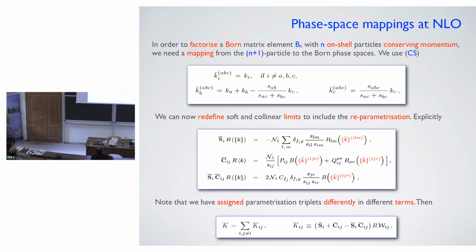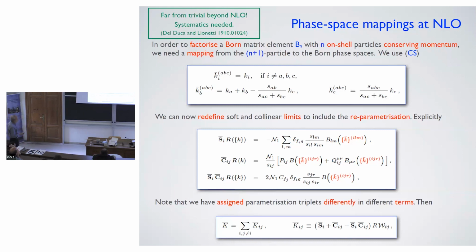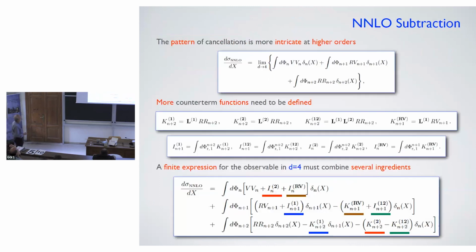And now, only now, you can really do what I had in the previous slide. Well, let's continue. This is far from trivial at next to leading order. One needs a menu of remappings, and one has to check their consistency, and it's very, very heavy work, in part discussed by Del Duca and Leonetti in that paper.